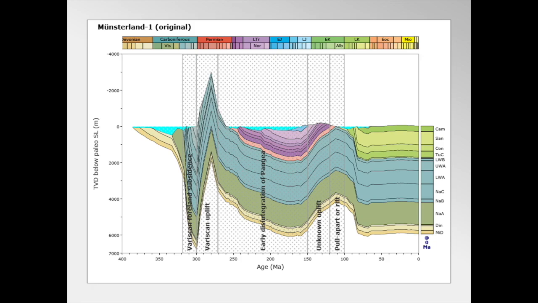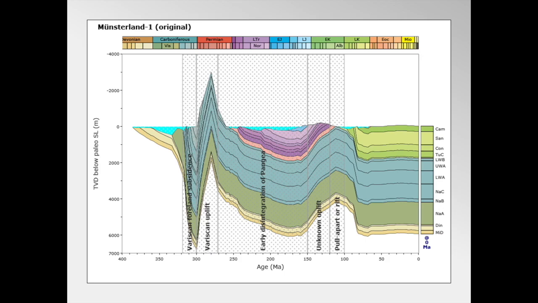The fourth event is largely a guess. We need some mechanism to terminate Jurassic deposition and provide a platform for erosion of the entire lower Mesozoic section. Here I've just called it unknown uplift. I hope to be able to clarify its origin later in the analysis.